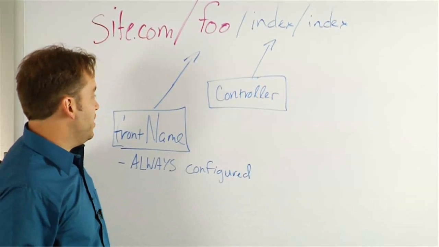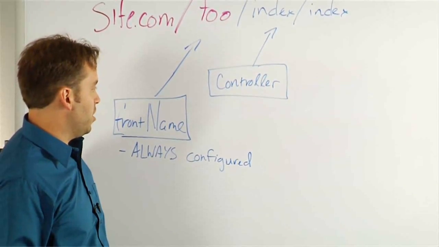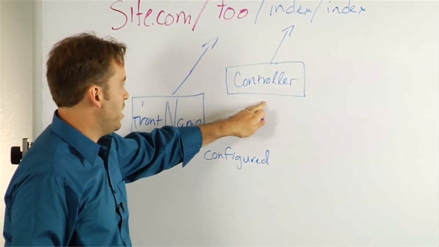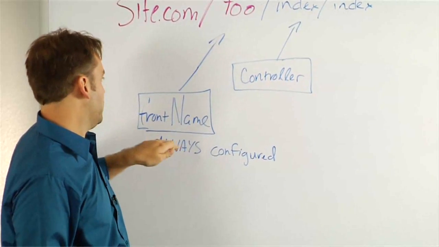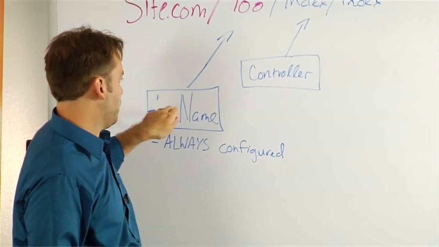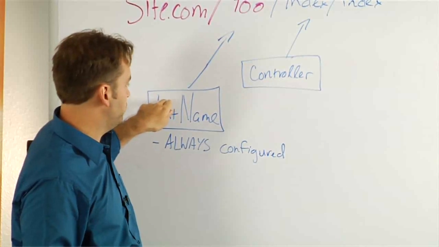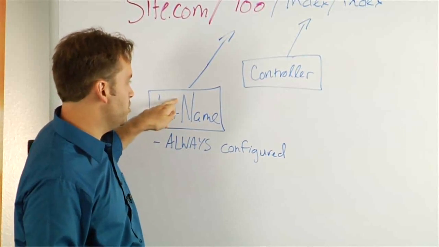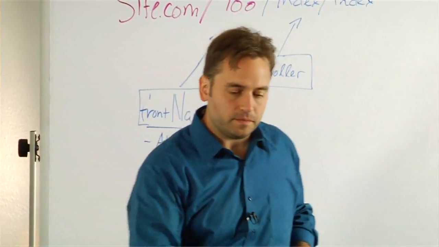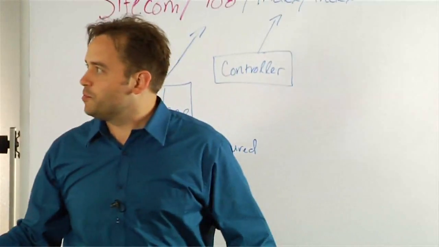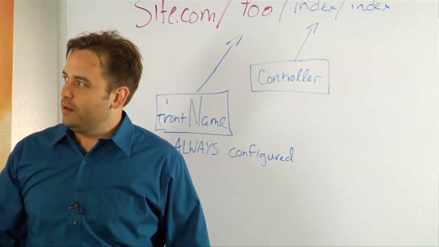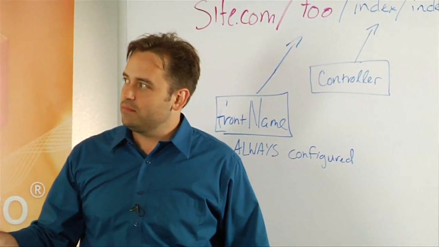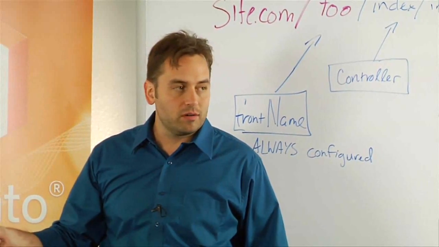The controller name is just a matter of matching a path after the path that I've configured for my front name. So front name is used to match a module name or a module path, foobar.